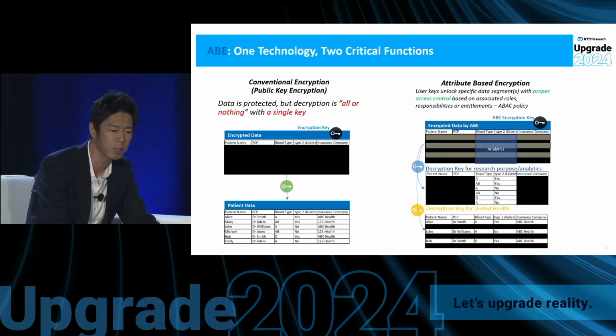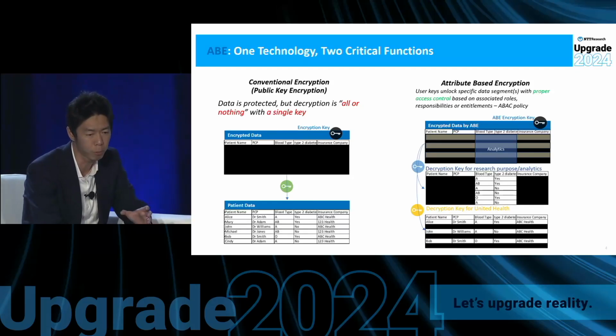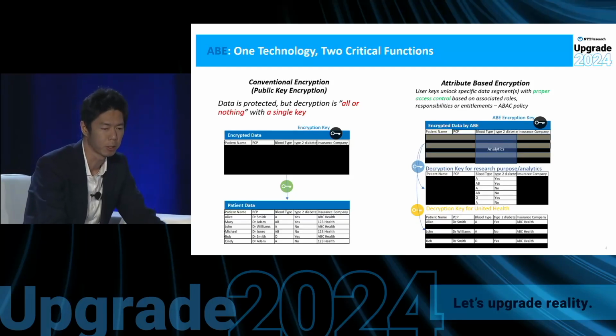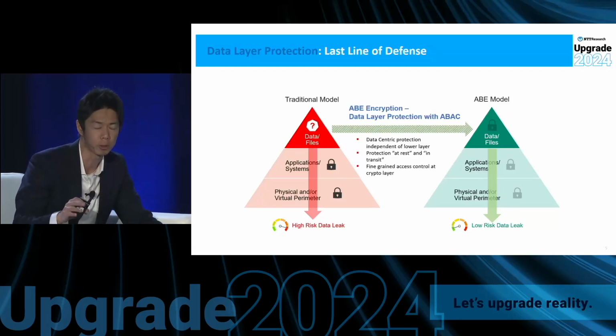So this is the beauty of ABE. ABE can protect the data and also provide access control to a portion of the data. This is a very strong feature. That means we can provide an additional data layer of protection. So we call this the last line of defense.